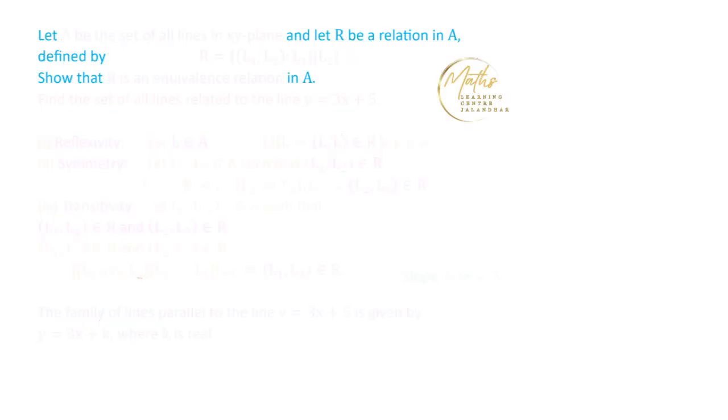Now the next question we have is, let A be the set of all lines in the xy plane, and R is a relation on A. It is defined such that two lines L1 and L2 are related by this relation if L1 is parallel to L2.